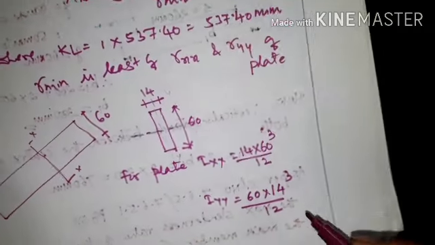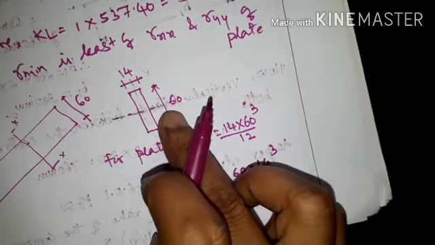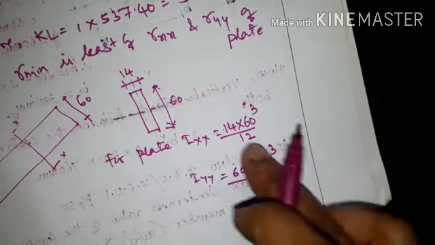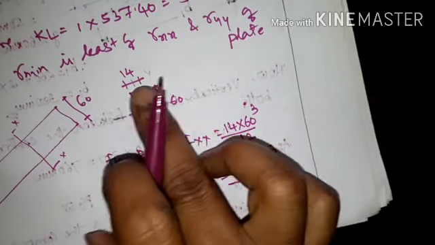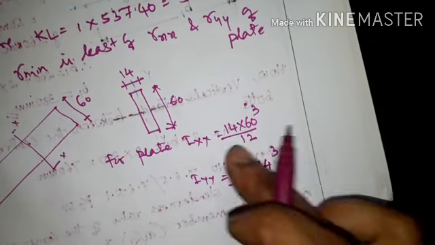So we'll get these two values as IXX and IYY, because with respect to vertical axis, parallel is B, and with respect to horizontal axis, parallel is B is 14.